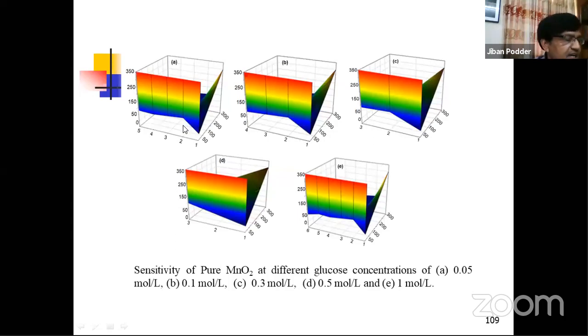That is plotted using SigmaPlot 14 software, used for cross-sectional views. In these three-dimensional views, the blue color represents the direct recombination of the conducting electrons.